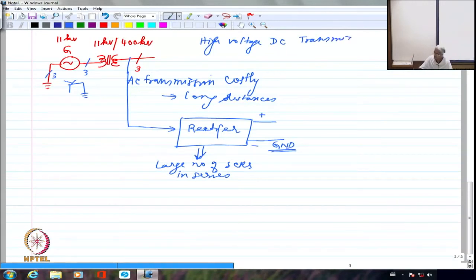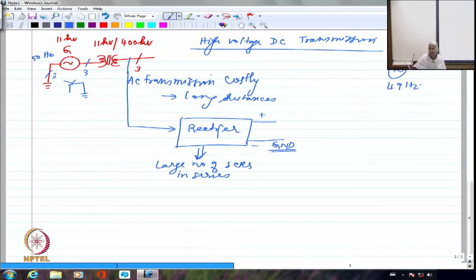So high voltage DC transmission is applied in many of the cases where I have to transfer electricity over very, very long distances, so that I will be able to save on copper. That is one advantage. Another advantage is, let us say I have 50 hertz here. Maybe I want to tie it up to some other system which is having maybe 49 hertz on the other side.